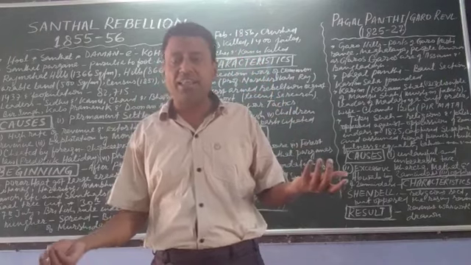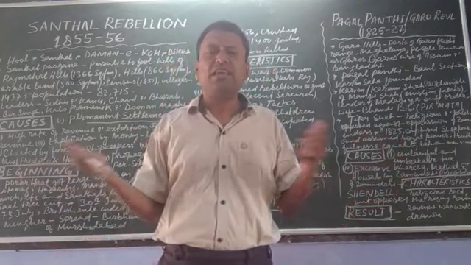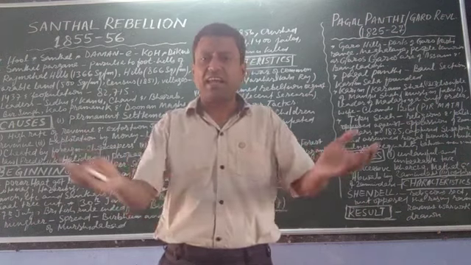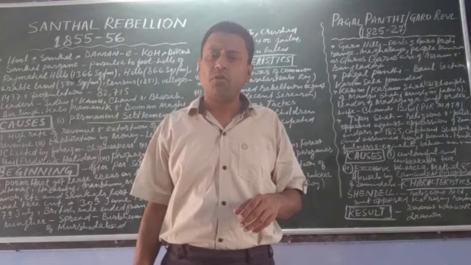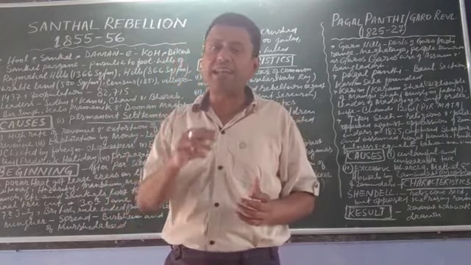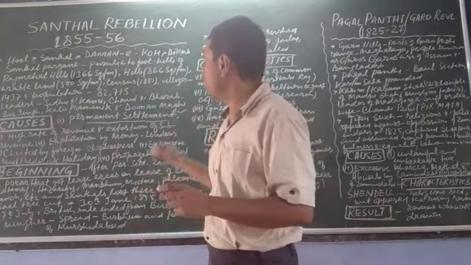Earlier they used to stay peacefully. They were peace-loving, hard-working people. They had cleared the forest and established themselves in Damane ko. But now, on the land which they occupied, they had to pay revenue. It was not liked by them and they revolted.